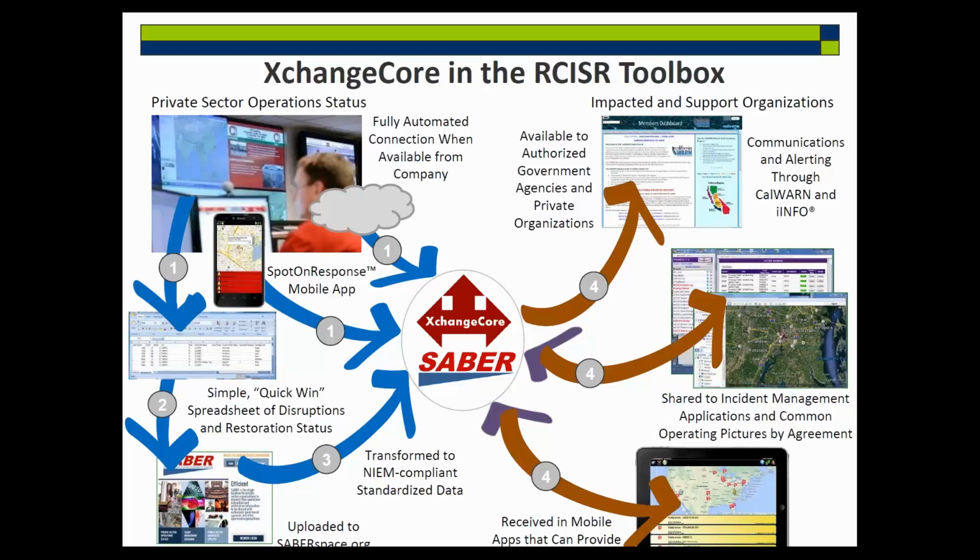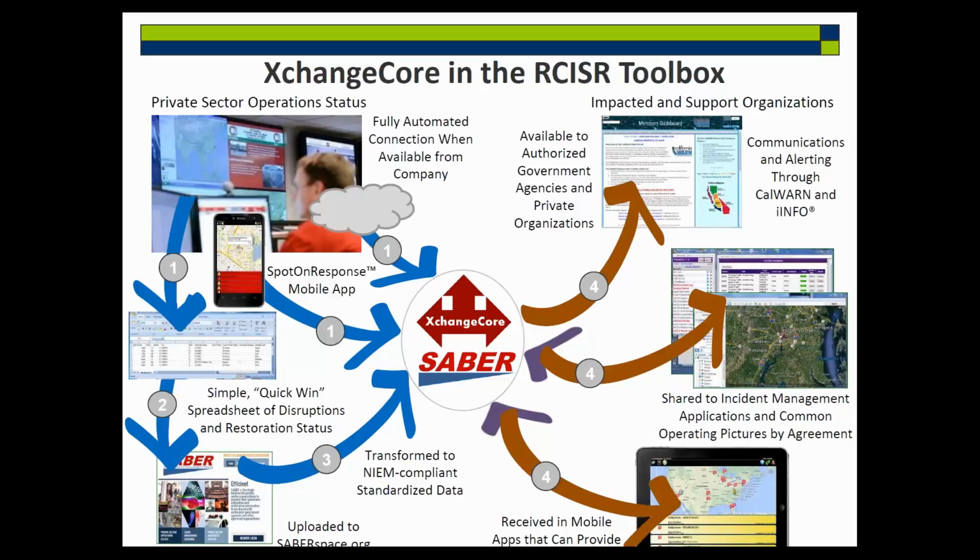That goes back to San Jose Water. They can then verify that those people are showing up and take those as requirements for repair off of the list. They get removed from XchangeCore. When it populates out, the other supporting organizations no longer see those and can focus on the leaks that exist.